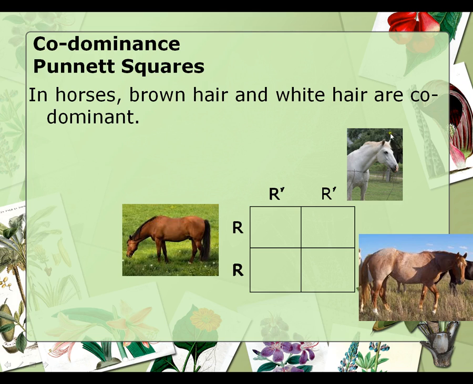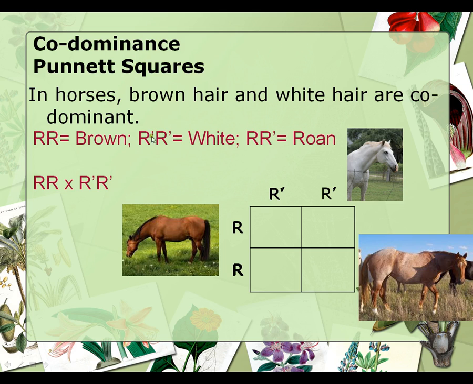We've got a brown horse and a white horse, and the hair color is codominant. So in their offspring, both of those colors will be expressed if they carry those traits. Now in this case, we can't do a little r for the recessive, so we're going to put an apostrophe next to one of the colors.